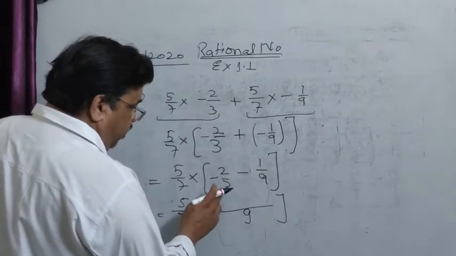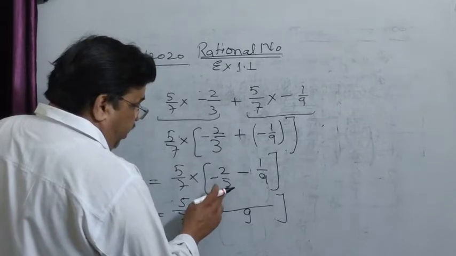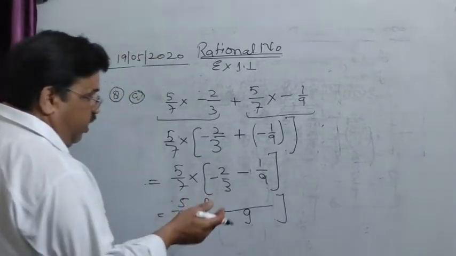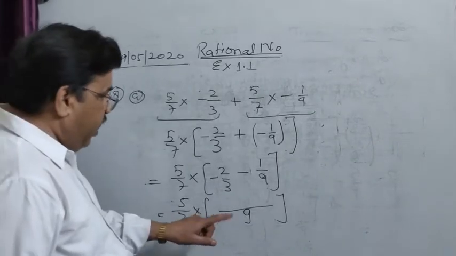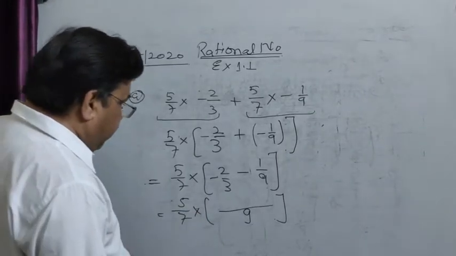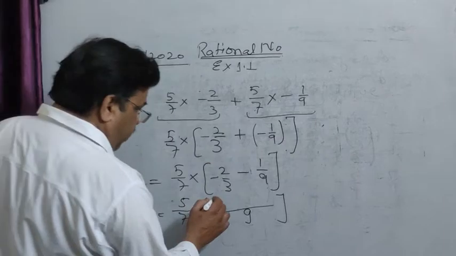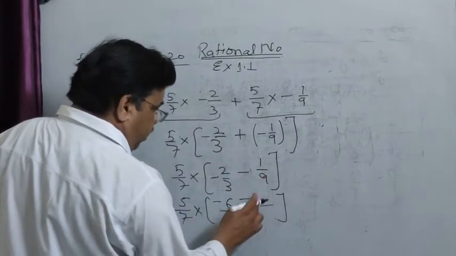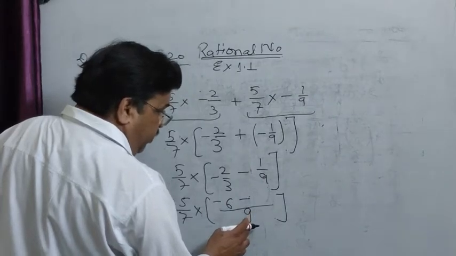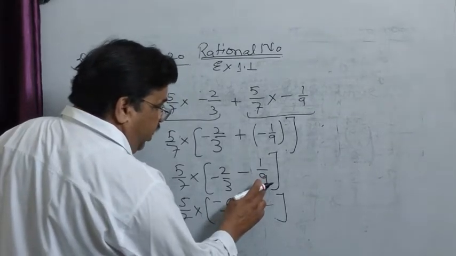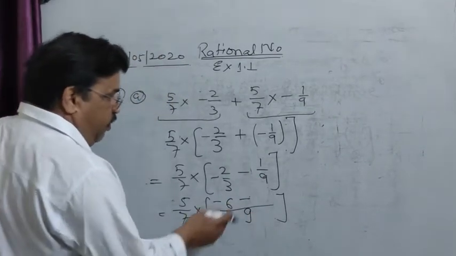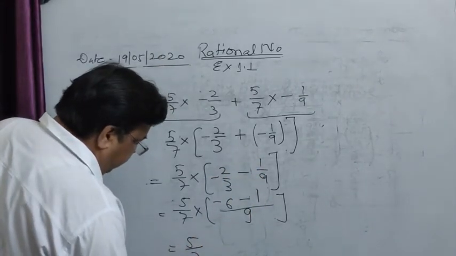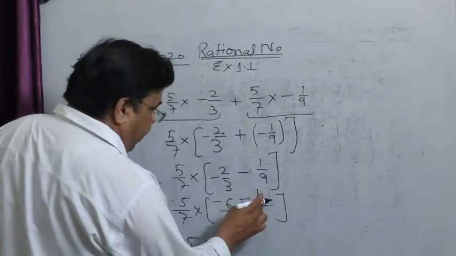This LCM is divided by the denominator: 9 divided by 3, you will get 3, and the answer multiplied by this numerator minus 2, you will get minus 6. And this LCM divided by this denominator, you will get 1, and 1 multiplied by 1. Okay, 5/7.